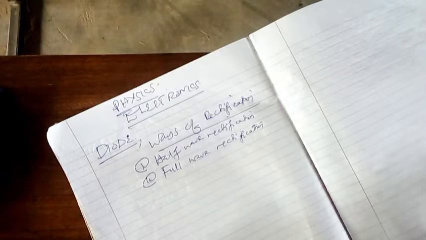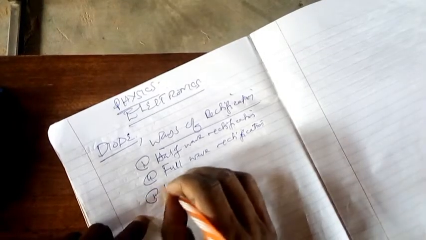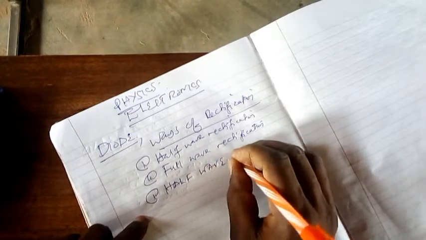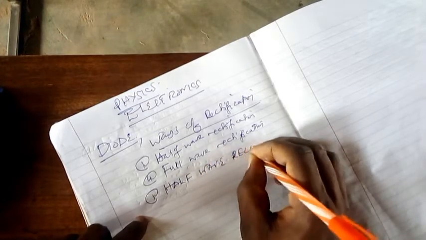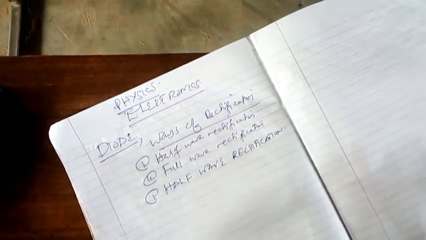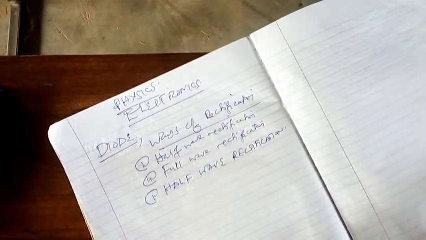Let me start with the first one, which we call half wave rectification. Half wave rectification is a conversion of alternating current to direct current when the current flows through a single diode.